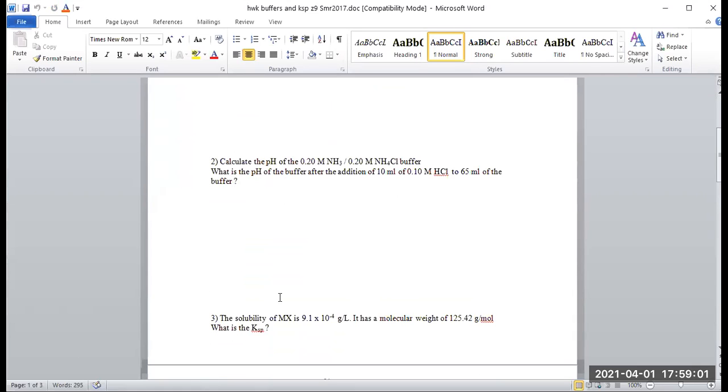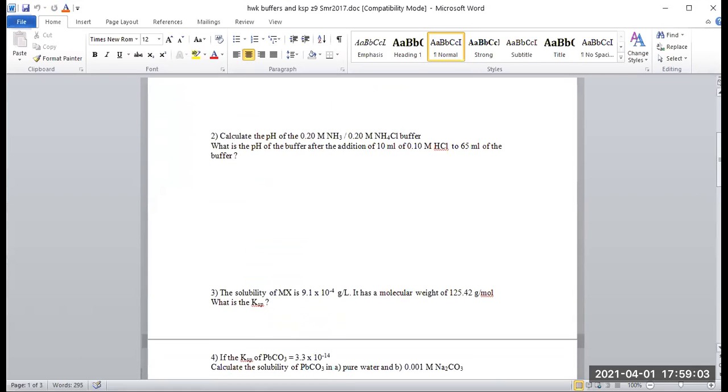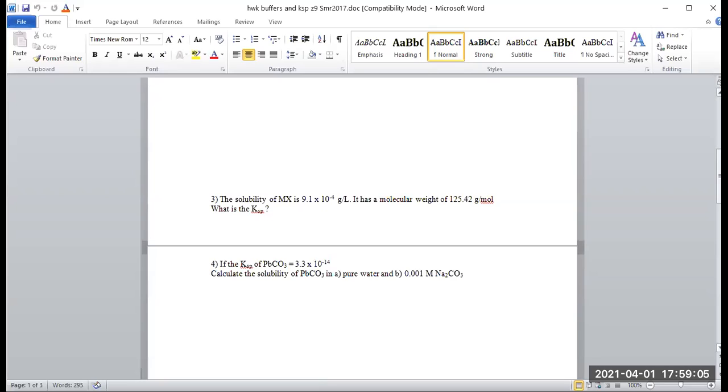Then I swapped over to some Ksp stuff. Because this was at the bottom of the page, it looks like they're kind of squished together. I gave you a mythical compound. I didn't actually identify what it was for you because you don't really have to know that to solve the problem. I gave you a solubility. I gave you a molecular weight.